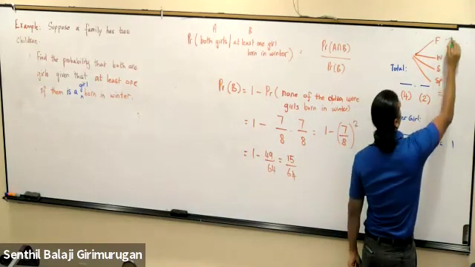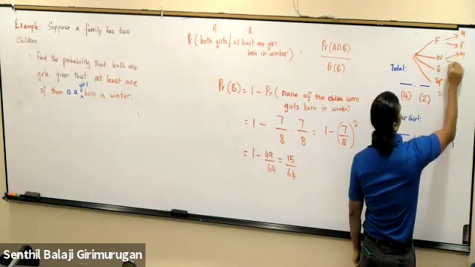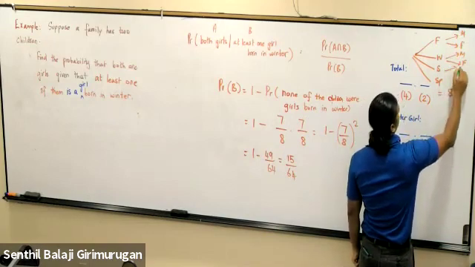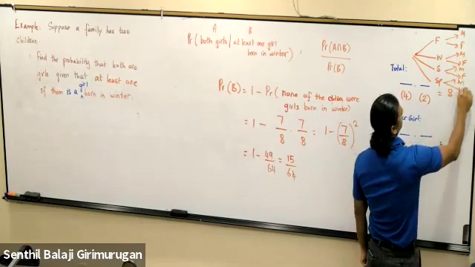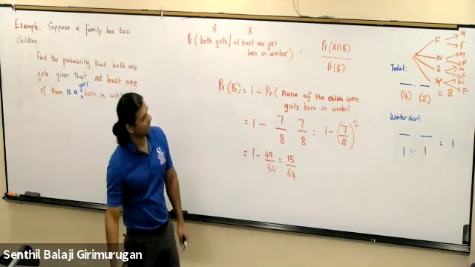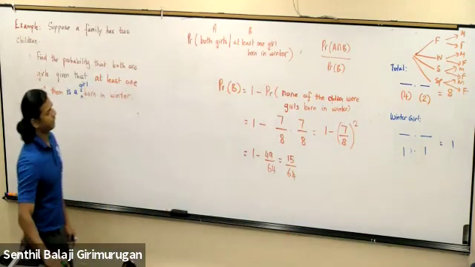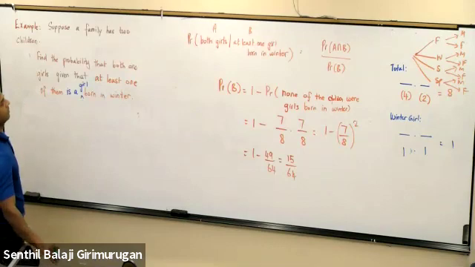And then you've got male or female, male, female, male, female, male. Right? 8 possibilities. Let's see, what is the numerator? Both of them are girls and at least one girl born in winter.